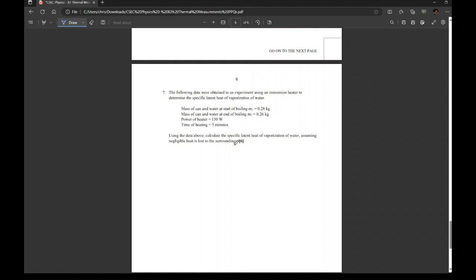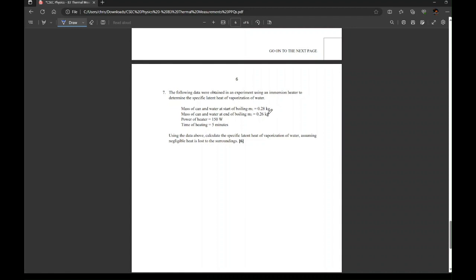Okay, so how are we going to do this? At the point of watching this video, I'm not sure if you have done an experiment to do this, but if you have, then you'll probably know how we're supposed to do this, right? The way we're going to do this is by first determining the mass of water that has changed to gas.